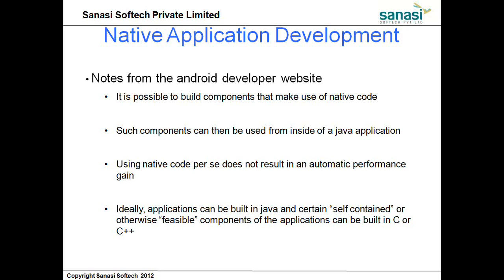Those reasons are entirely dependent on the situation. There's no hard and fast rule, it is entirely a judgment that is left to the developer. Java is definitely a powerful programming language, no doubt about that, but there are certain scenarios in which maybe you already have some libraries or some code that is built in C or C++, and it's pretty stable.